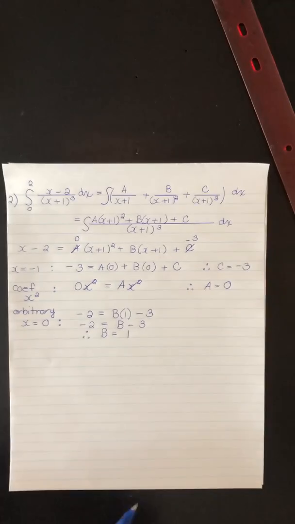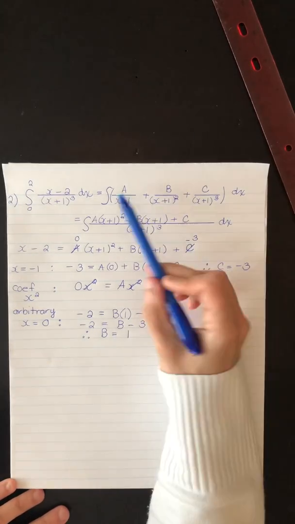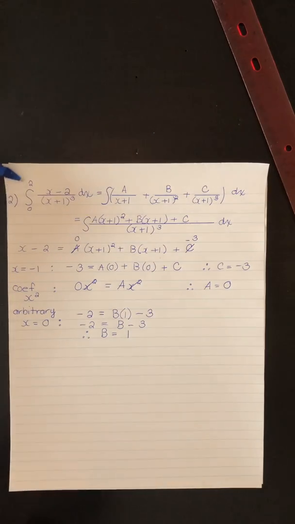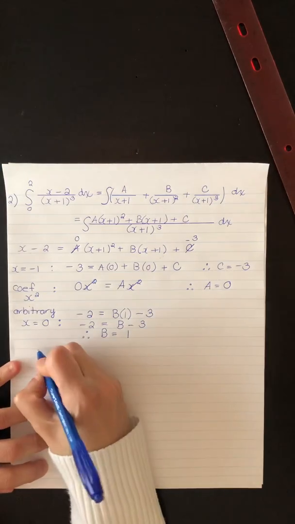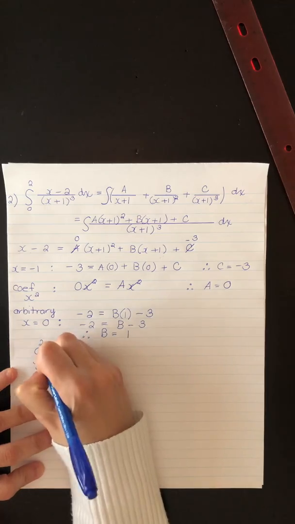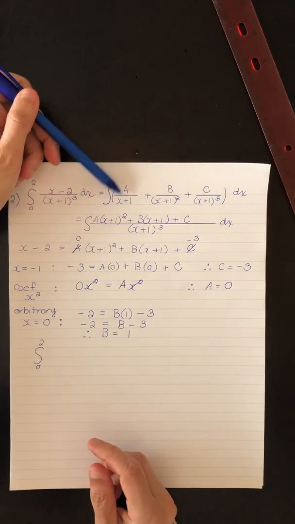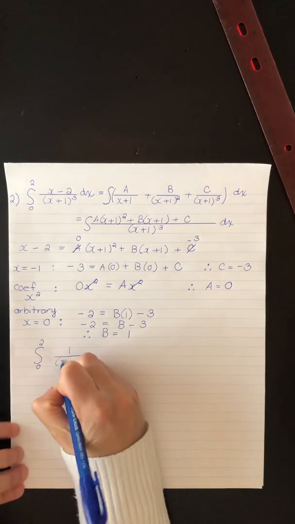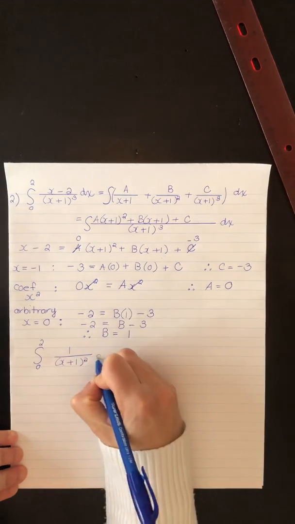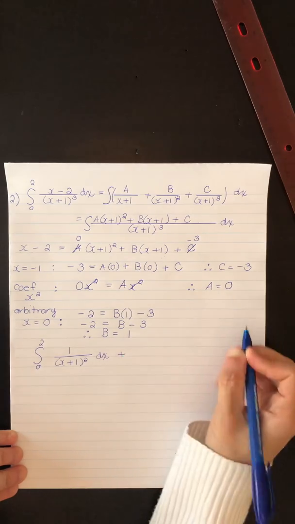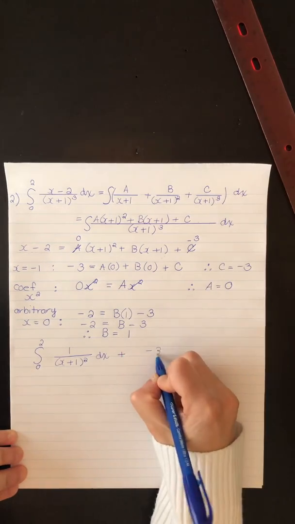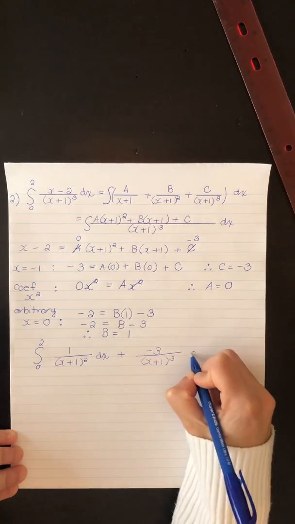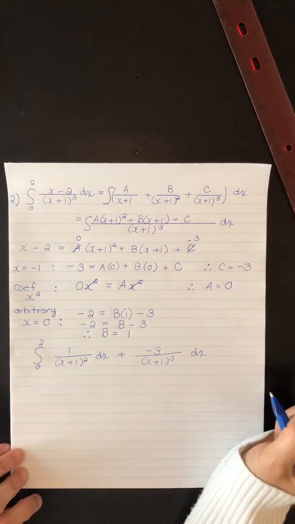Okay, let's put our values for A, B, and C into here and complete the integration. Look, this one is a definite integral also. Okay, so what are we integrating? We are going to be integrating, not this one since A is 0, but this one. So 1 over x plus 1 all squared plus -3 over x plus 1 all cubed. That's what remains for us to integrate.